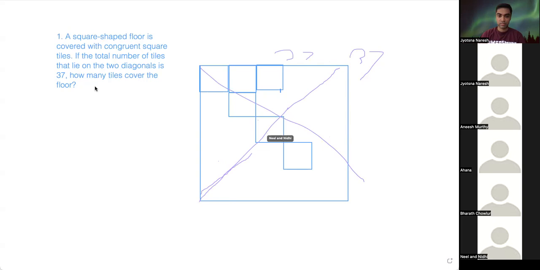So in the middle, there's one block where both diagonals intersect. That means that block is on both this diagonal and this diagonal. So that leaves us with this being 19 and this being 19.